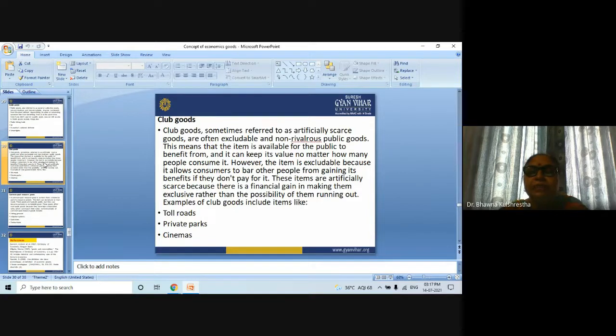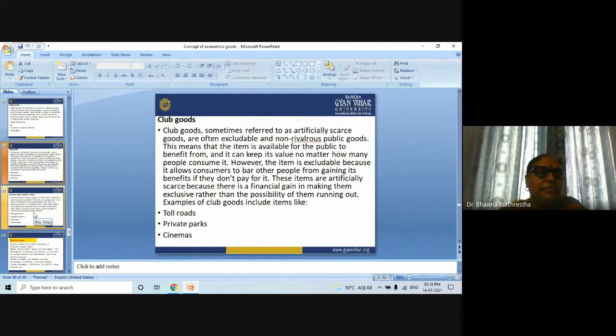These items are artificially scarce because there is a financial gain in making them exclusive rather than the possibility of them running out. Examples of club goods include items like roads, private parks, and cinemas. These are the examples of club goods.